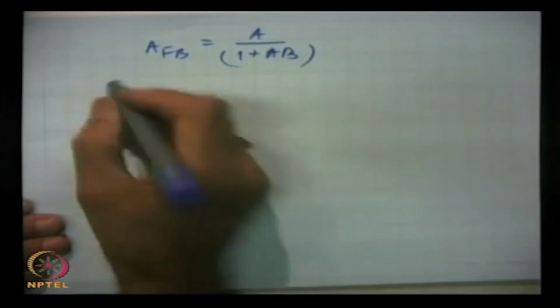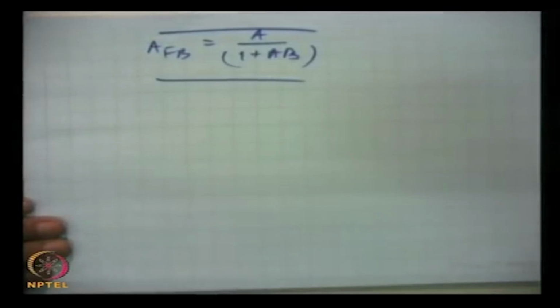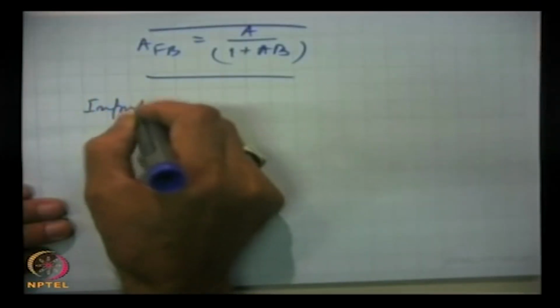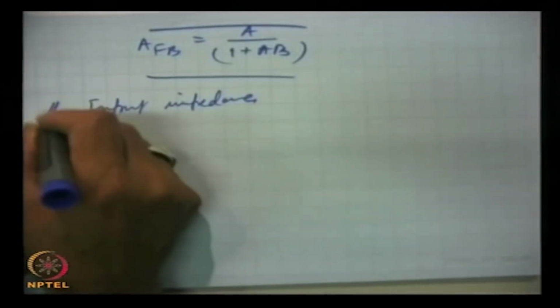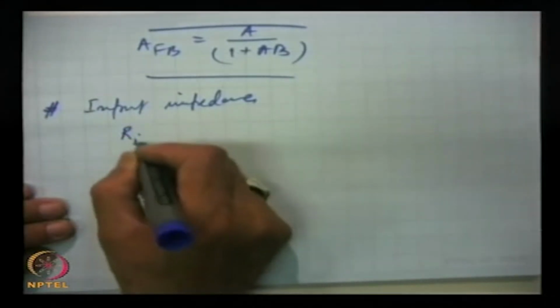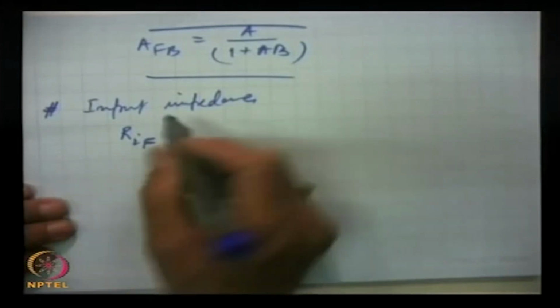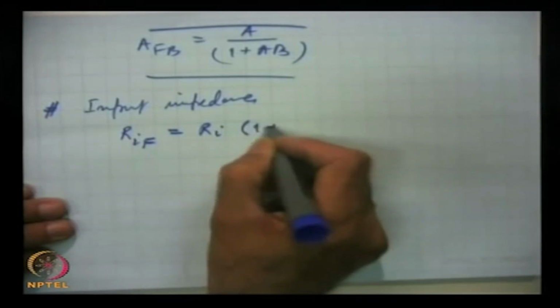So now what are the quantities? We recollect from our discussion in the feedback chapter which we finished, that input impedance with feedback, that is RIF, is Ri and it increases by this factor.